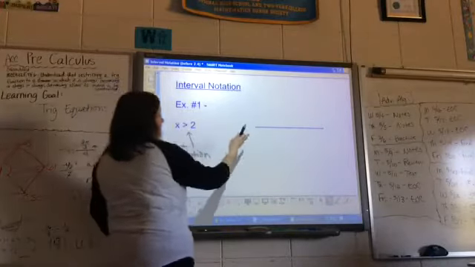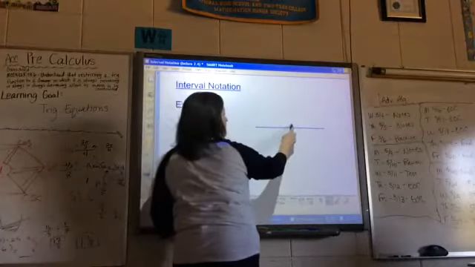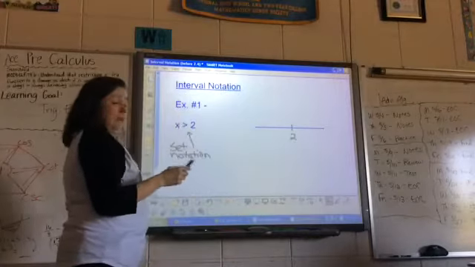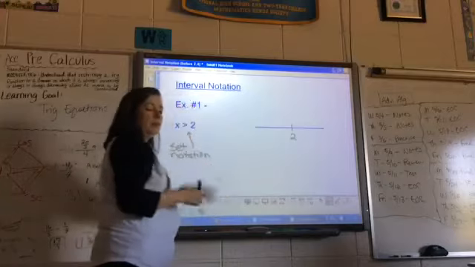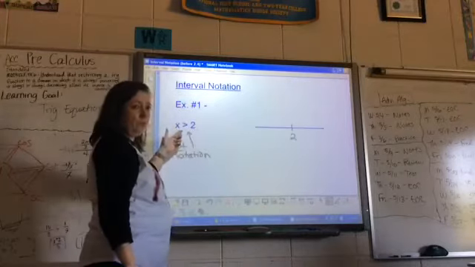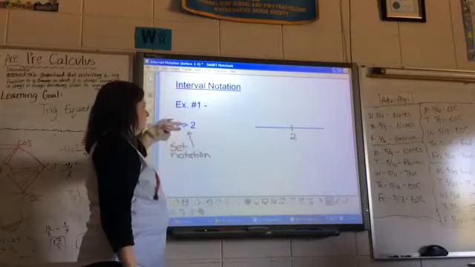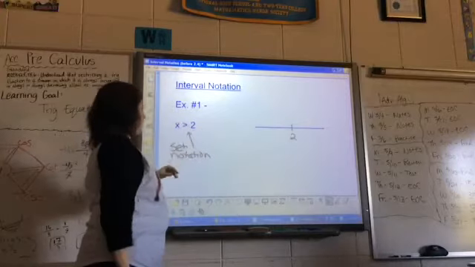Now, as we go to graph it on the number line, y'all would usually say, okay, I'm going to put an open dot at 2 and then shade. But now, instead of an open dot, we could use a parentheses and open it in the direction of your shade. So if you remember from middle school, your shading is going to follow the direction of the point of your inequality symbol.